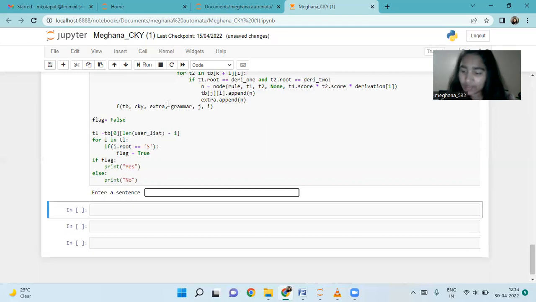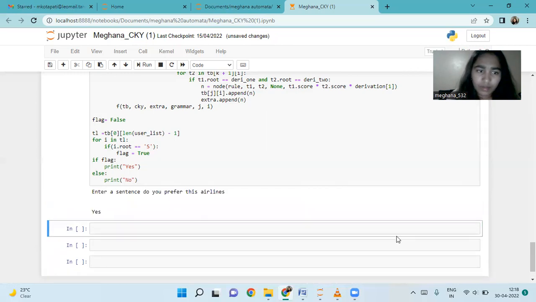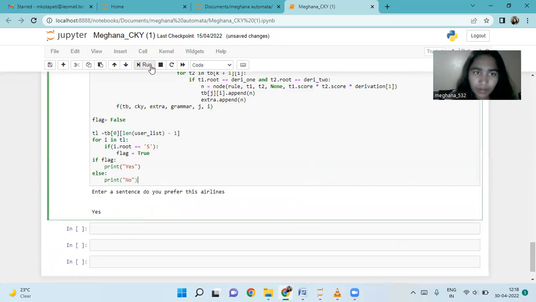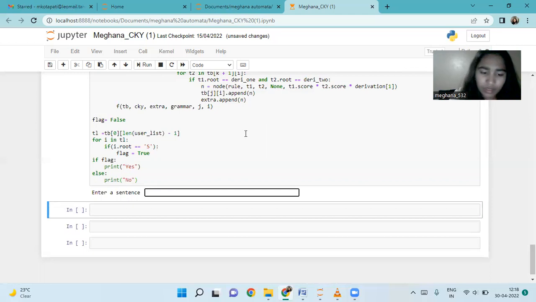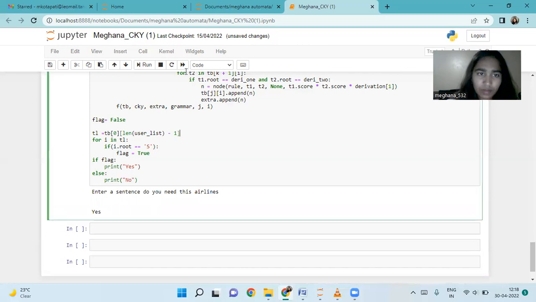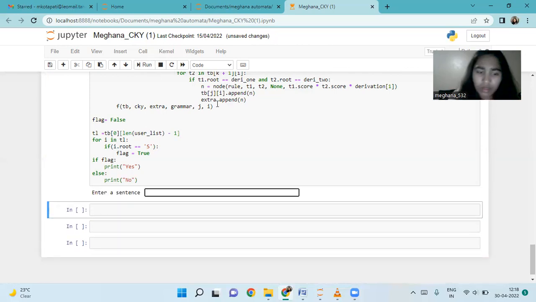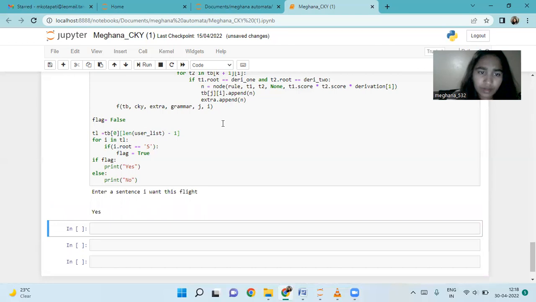Let's run the 9th sentence. Do you prefer this airlines? Enter. Yes. Do you need this airlines? Enter. Yes. I want this flight. Enter. Yes.